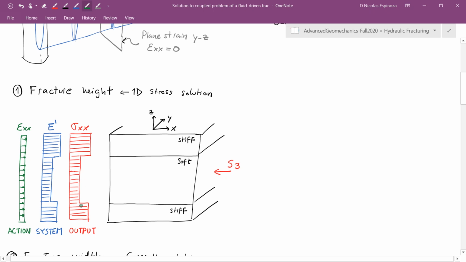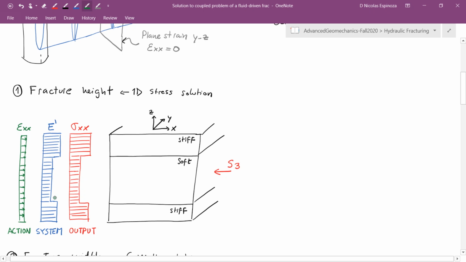So for this example, I have a tectonic strain, which is the same all over the different layers in a geological formation. And I happen to have a place in which I have a soft layer bound by two stiff layers.